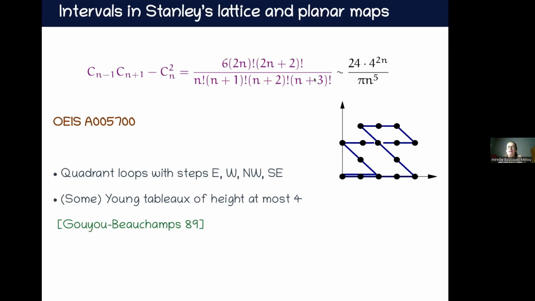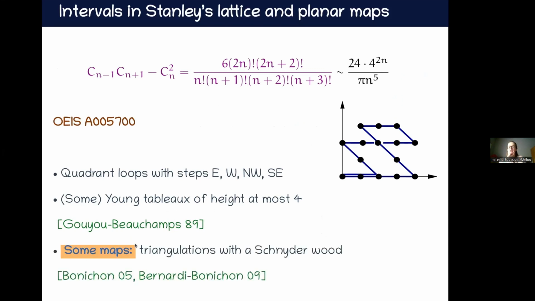Now, this sequence is well known to the OEIS, and it counts several kinds of things. For instance, certain loops in the quadrant, which are trivially equivalent to pairs of non-intersecting Dyck paths. It also counts some Young tableaux, and some maps.